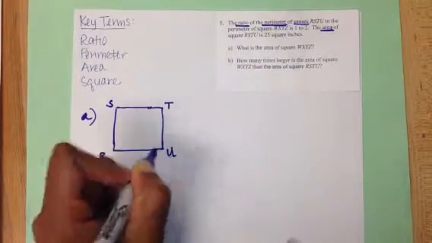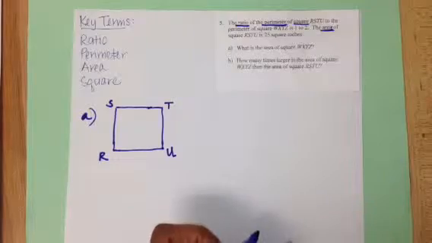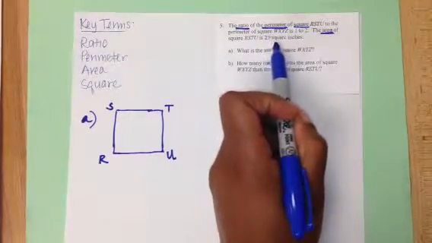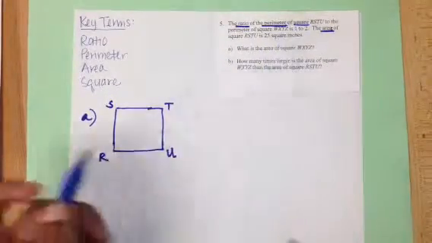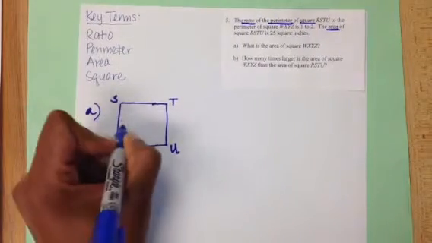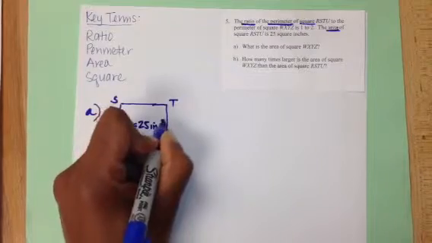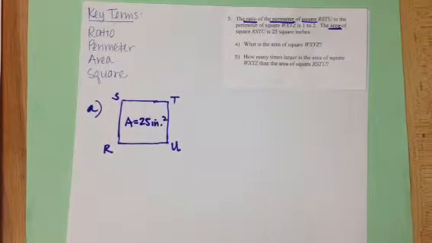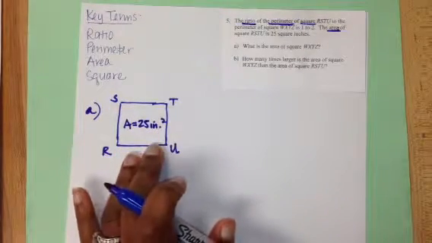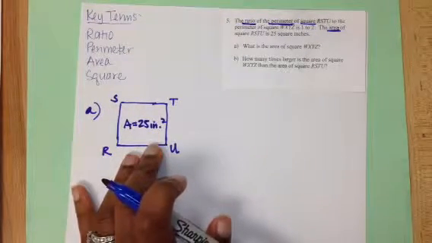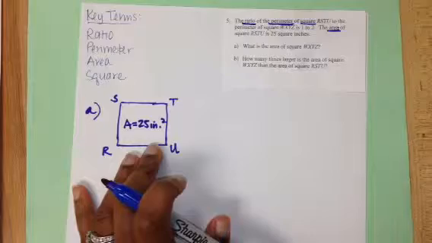It says here that RSTU is 25 square inches. So that is the area of this square. If the area of square RSTU is 25 square inches, we need to find the area of WXYZ.